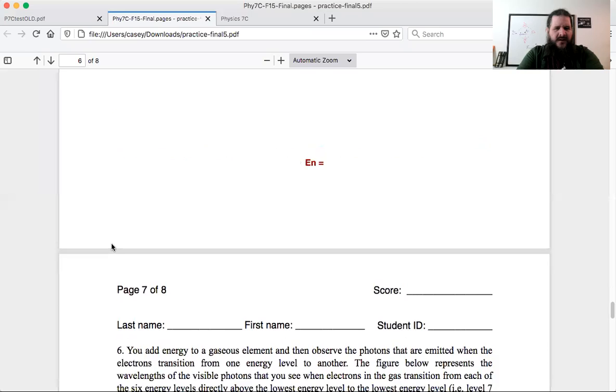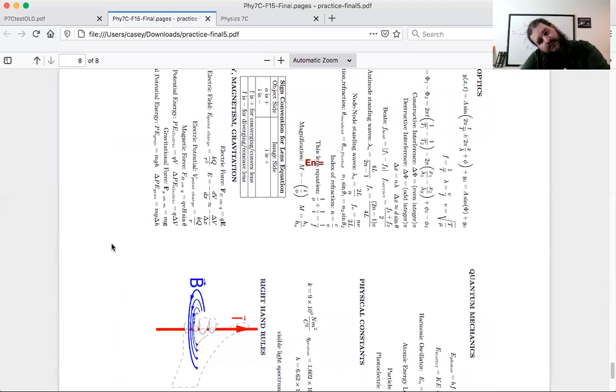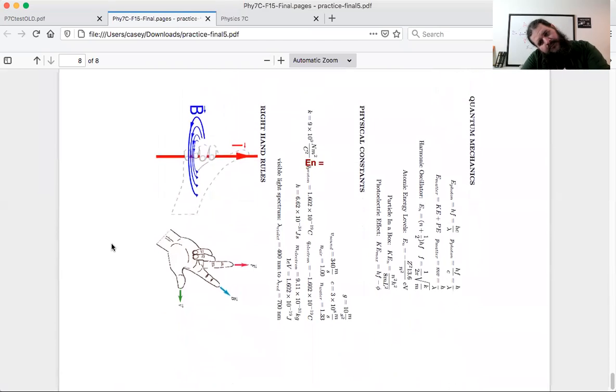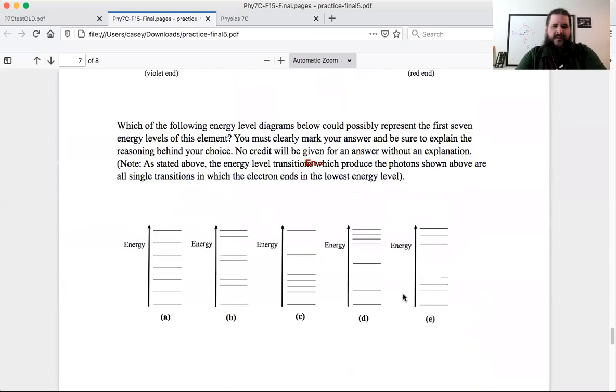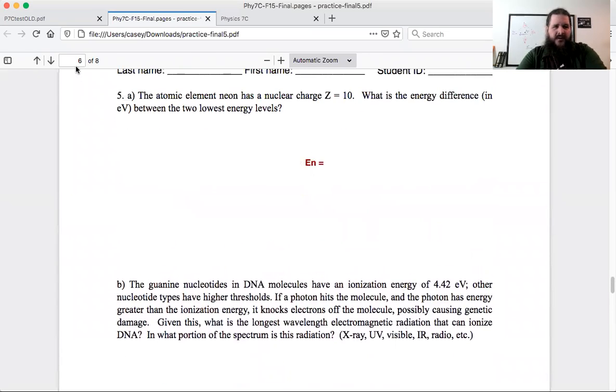It's listed on here. There we go. Atomic energy levels, Z squared times 13.6 over N squared electron volts. So that should be the formula we can use formally for hydrogen-like atoms. Basically small atoms that for whatever reason have only one electron. This one might not have only one electron, but I think we can treat it as if it does for simplicity.